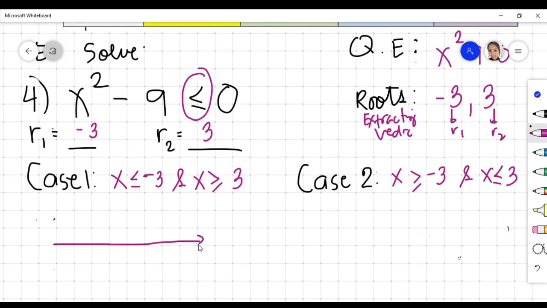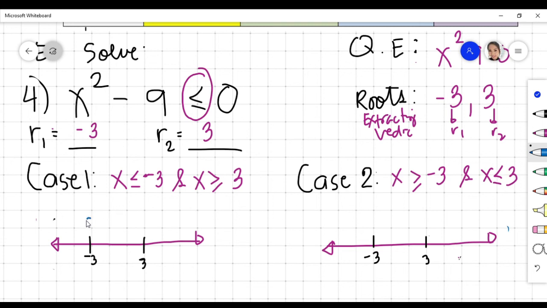Now, graphing these cases on a number line. So let's graph them. So let's say this is our negative 3, and this is our positive 3. So let's graph x less than or equal to negative 3.